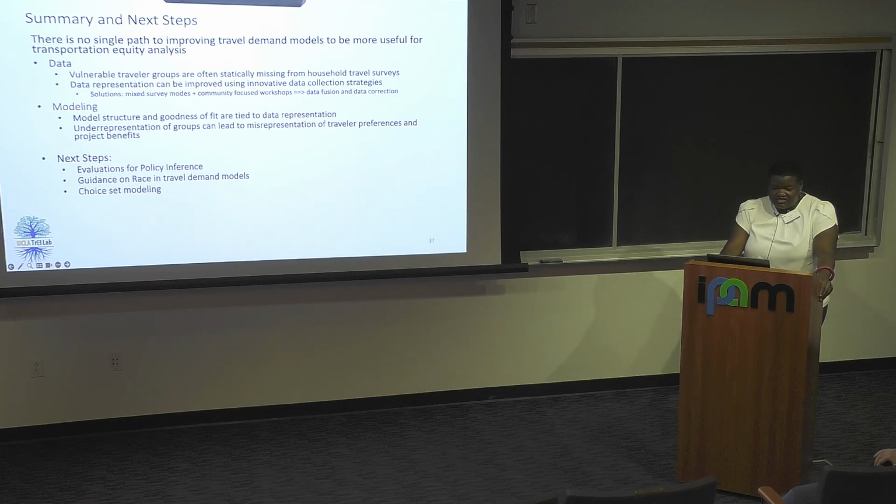Another thing that I think picks up on some of the other topics that we've heard is this notion of including race in travel demand models and statistical models. And the reality is that it's not just a simple exercise of including it.